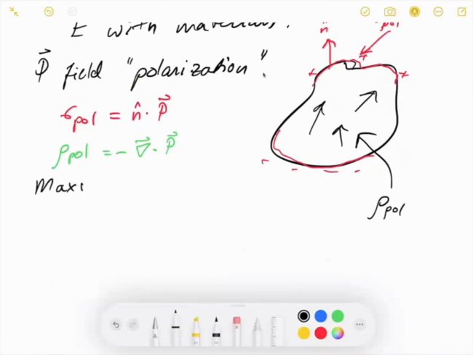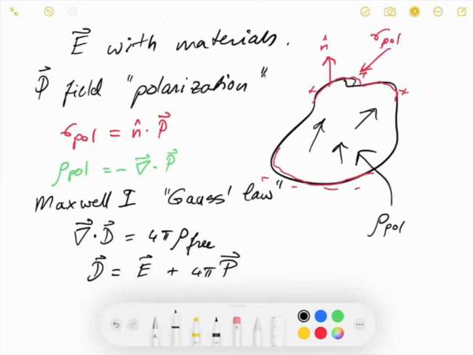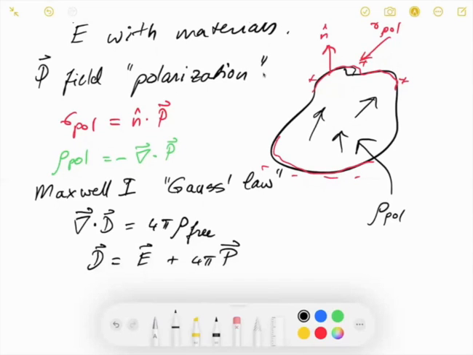So Maxwell 1, or Gauss's law, which now says that the divergence of that field D, which I shall describe in a little bit, is 4 pi rho free, where that D field is the original E field plus 4 pi times that polarization field P. So that's how we modified Maxwell 1, but we didn't really say anything specific about how this field depends on the material. This is a very generic or general thing.